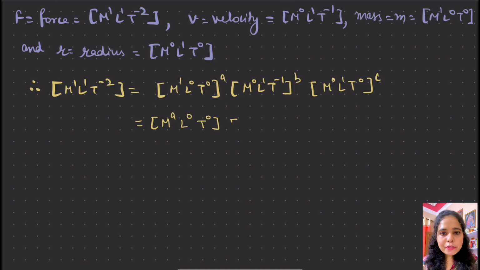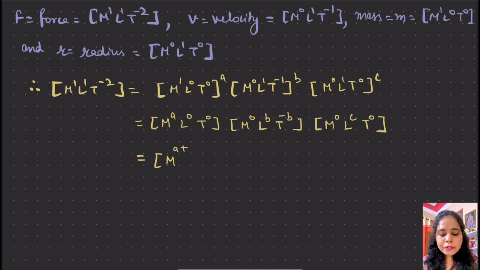Now we will take the powers inside, so we have M raised to power A L0 T0, then M0 L raised to power B T raised to power minus B, then M0 L raised to power C T0. So now we have taken the powers inside. Now it is time to add up the powers of the same bases.